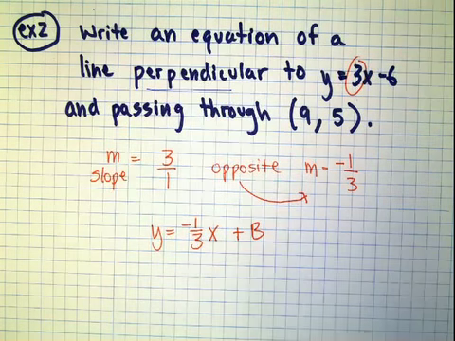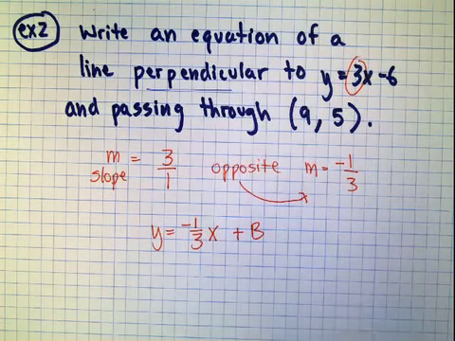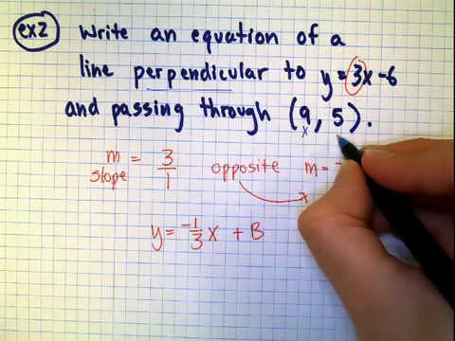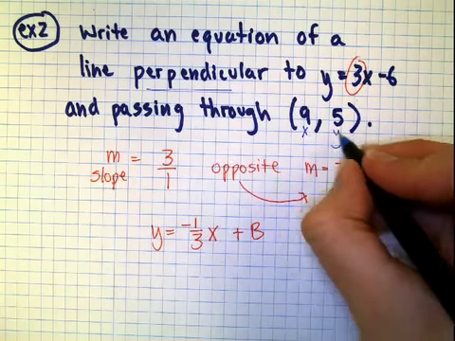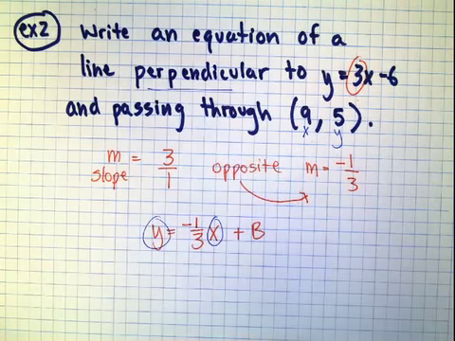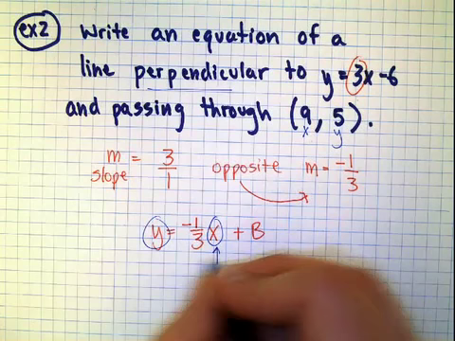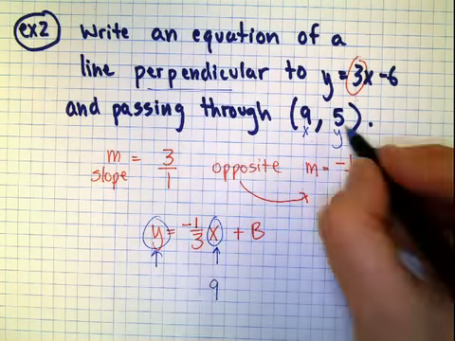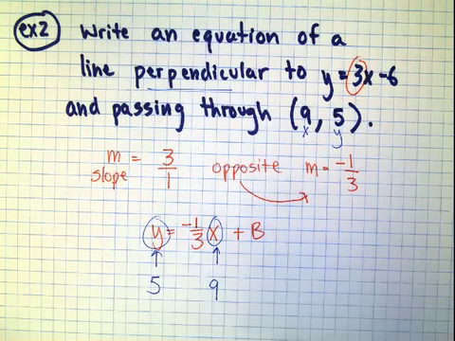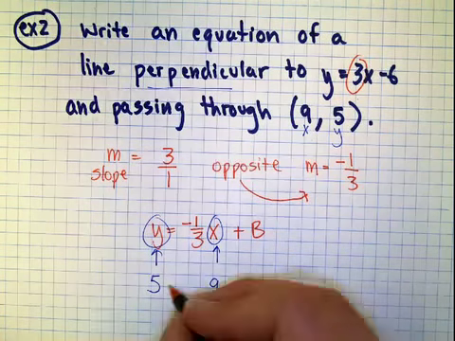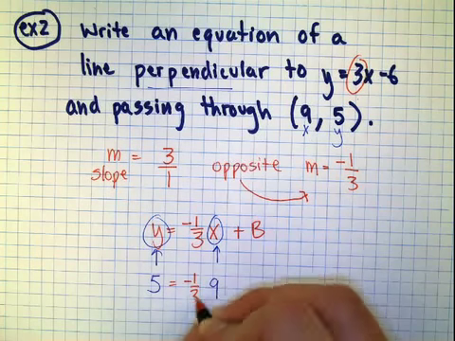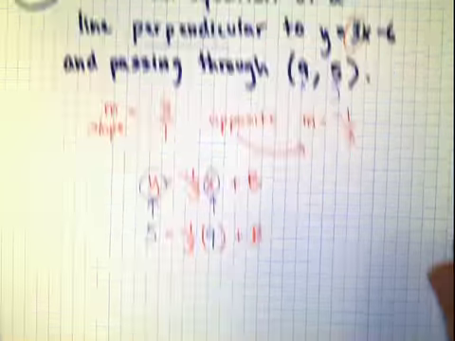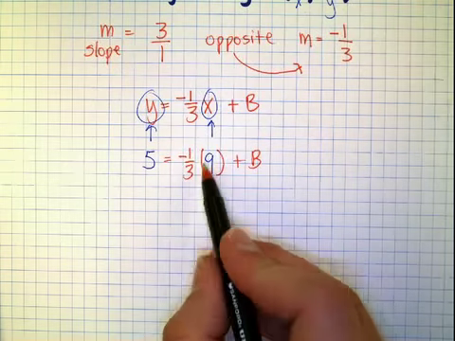I don't know what the something is. And to figure out the plus b, that's where these come into play. X is 9. Y is 5. This is an xy value. So I'm going to bubble the x and y, and substitute in these numbers. I'm going to put a 9 where the x is, and a 5 where the y is. And then I'm going to solve. So 5 equals negative 1/3 times 9 plus b. And remember what you do with a fraction: you multiply the top number.